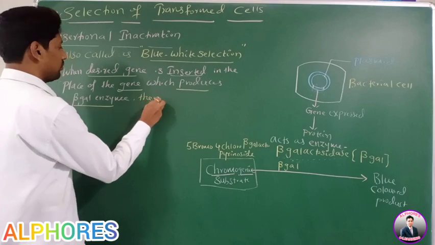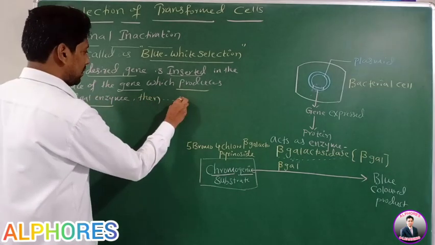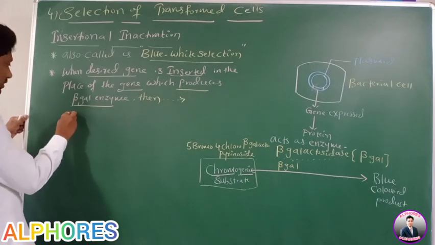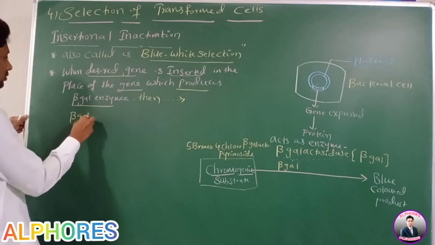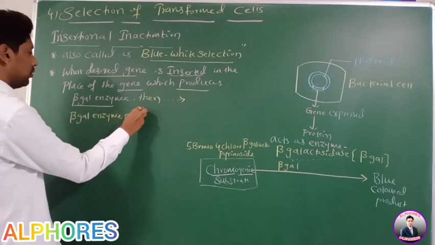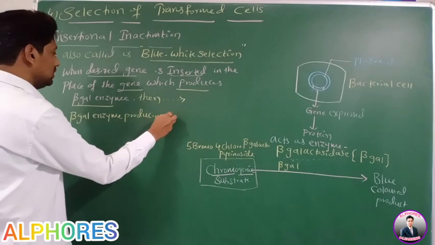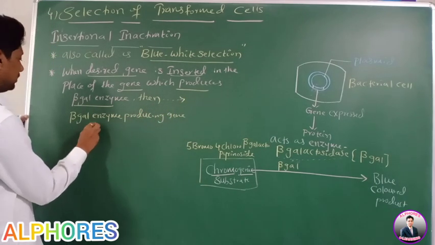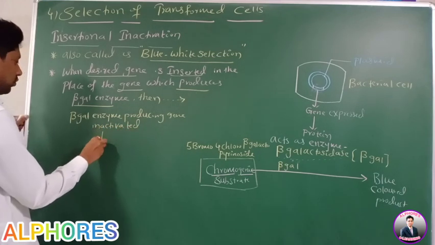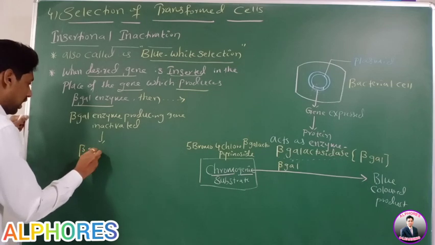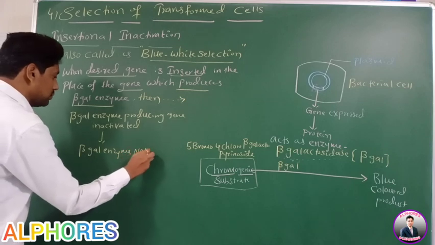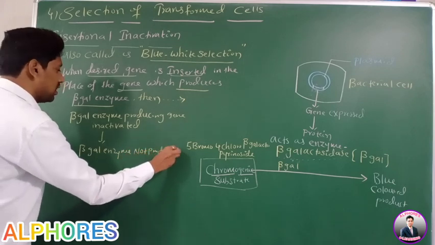Then what happens, sir? Enzyme produced, not produced, not produced. Therefore, the beta galactosidase enzyme producing gene, active or inactive? Inactivated. So what happens? Beta galactosidase enzyme is not produced.